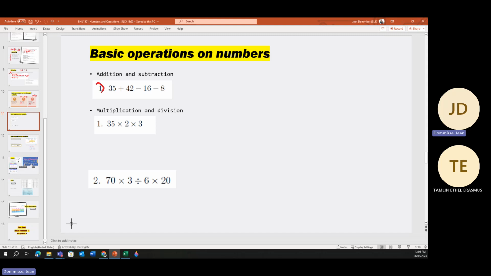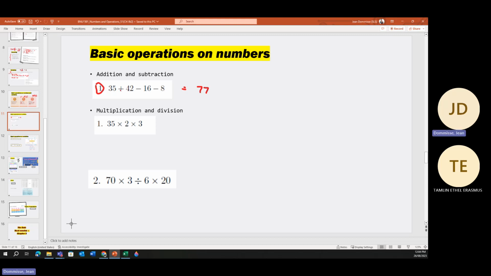So the first one is just addition and subtracting. In this one we can just go from left to right and work it out. So we can say, okay, 35 plus 42 gives you 77.